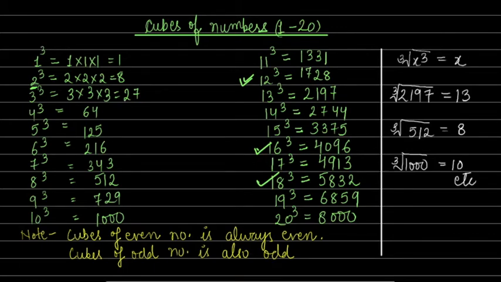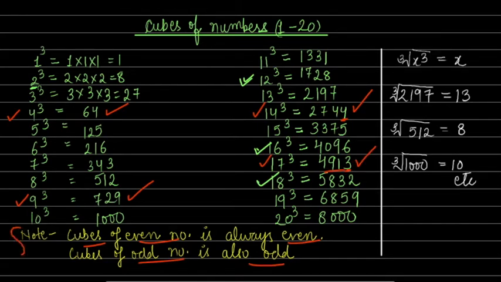Now the idea of showing you this table is, if you observe, cubes of even numbers are always even, and cubes of odd numbers are always odd. So let's see it. If you see 4 cube, 4 is an even number and its cube is also an even number, right? 9 is an odd number and its cube is also an odd number. 14 is an even number, its cube's unit place digit is 4, it means it is also an even number. 17 is an odd number, unit place digit is 3, it means 4913 is also an odd number.